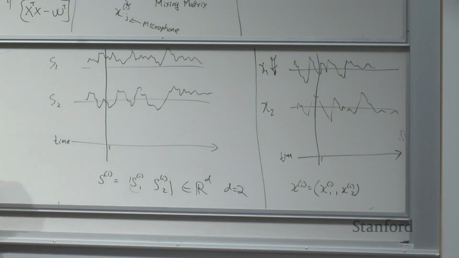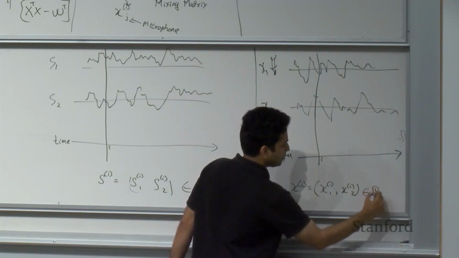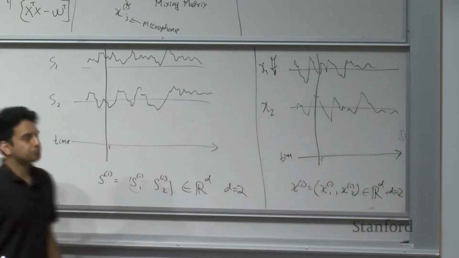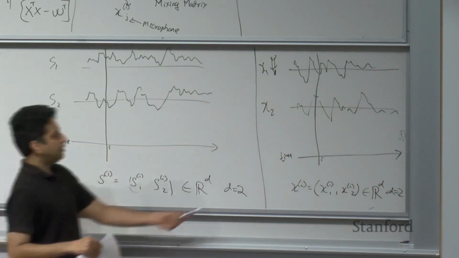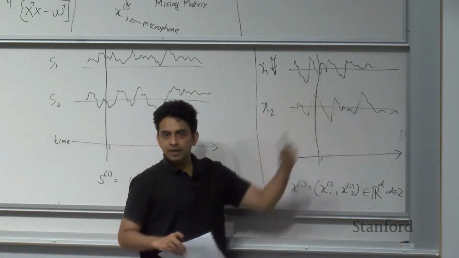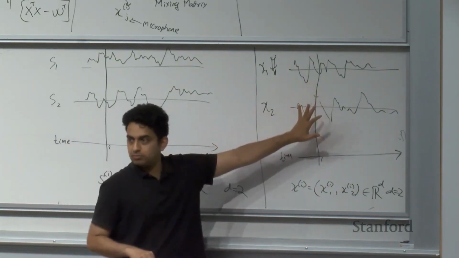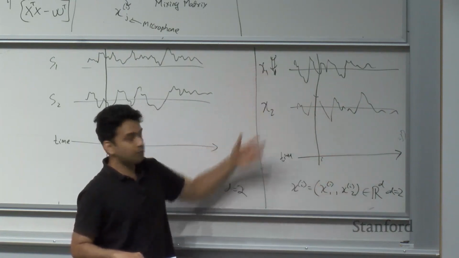We will assume that we have the same number of microphones as the number of speakers, and we are only observing these x's. The problem now is we are only given these x's. We obviously know the number of microphones.